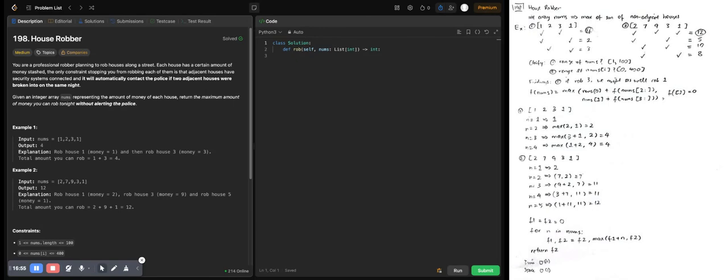So for n in nums, F1, F2 equals F2, and then the max of F1 plus n, or it could be F2.